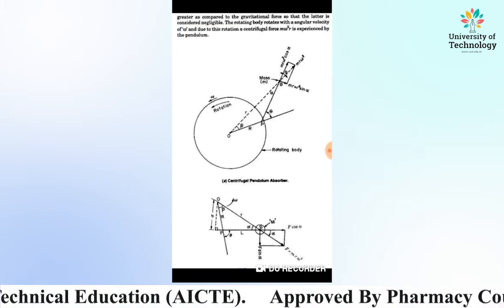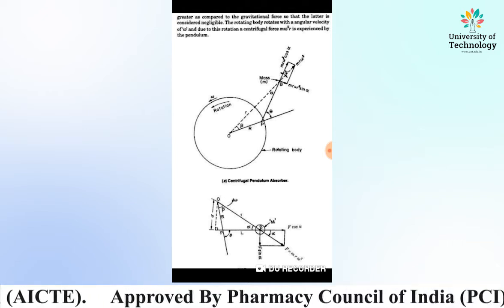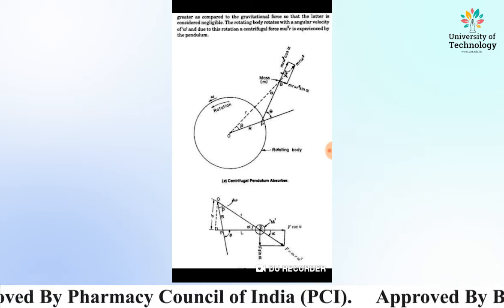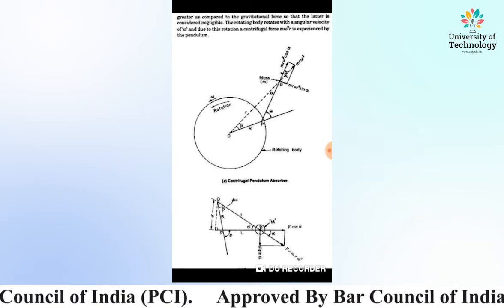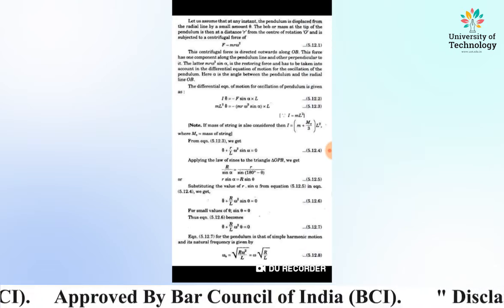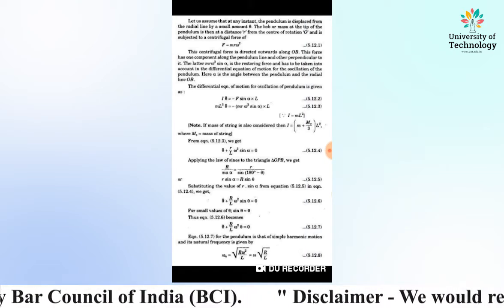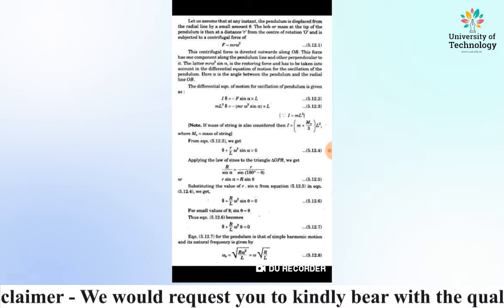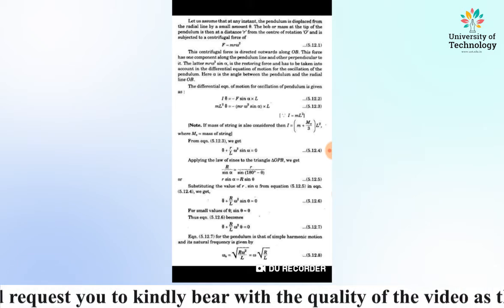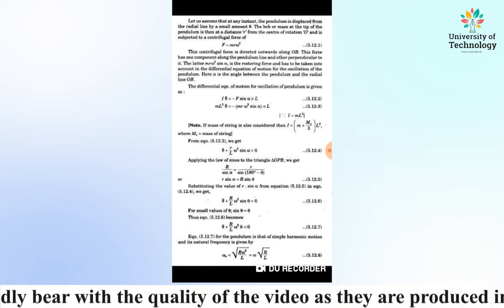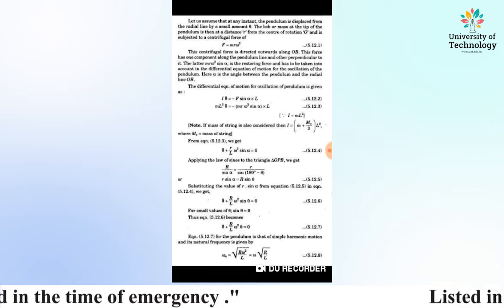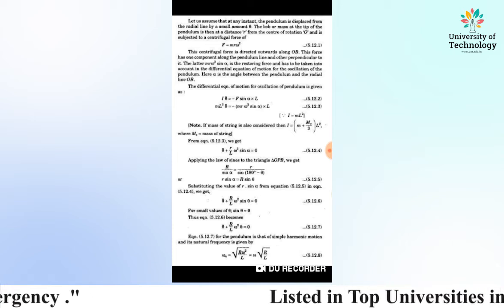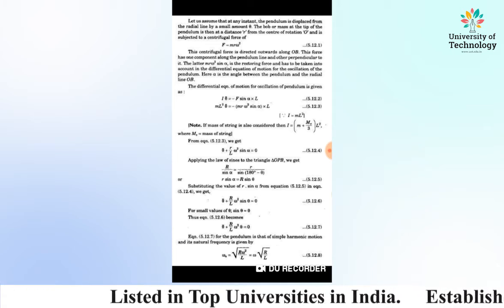This centrifugal force acts along OB, and has one component along the pendulum line and the other perpendicular to it. The latter, m omega square r sin alpha, is the restoring force and has to be taken into account in the differential equation of motion for the oscillation of the pendulum.